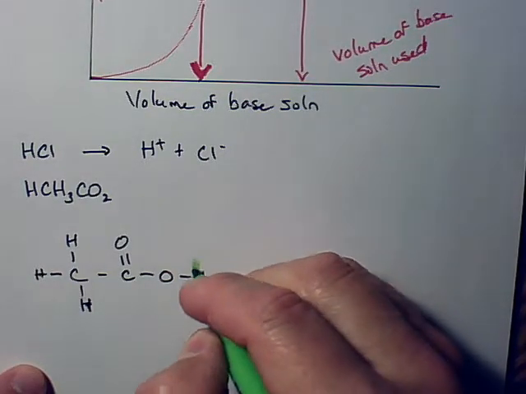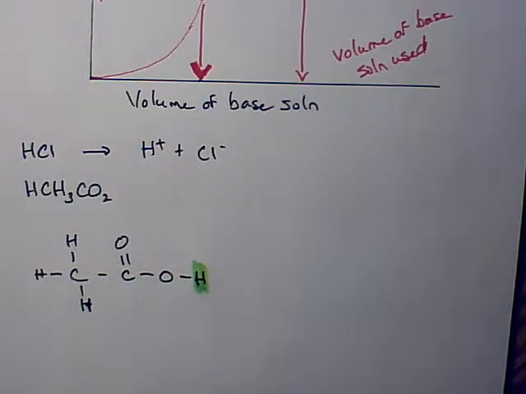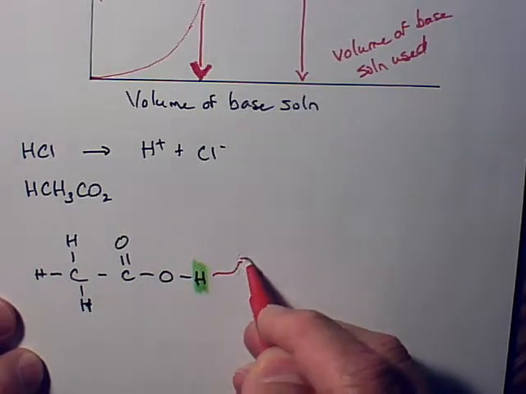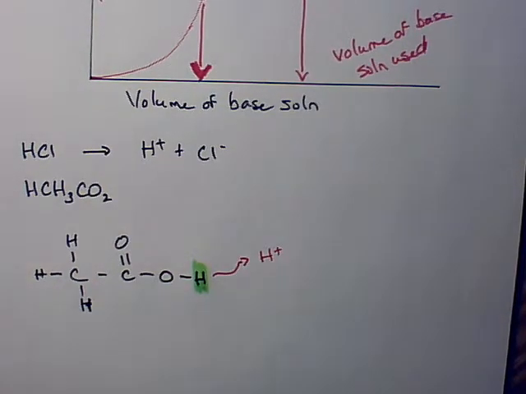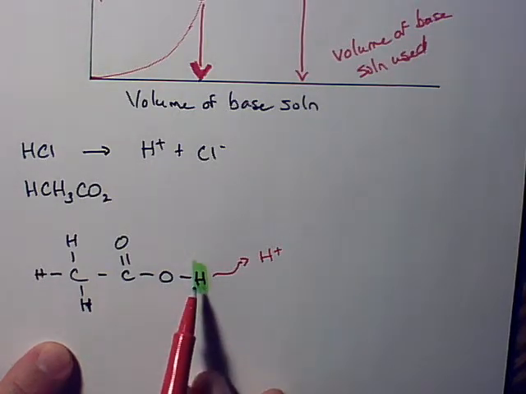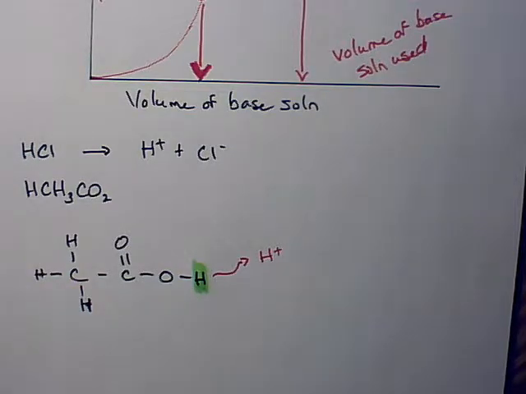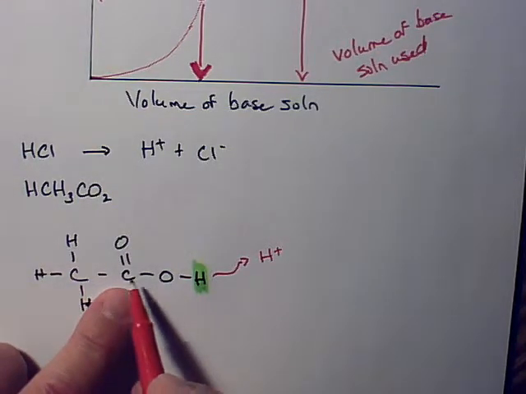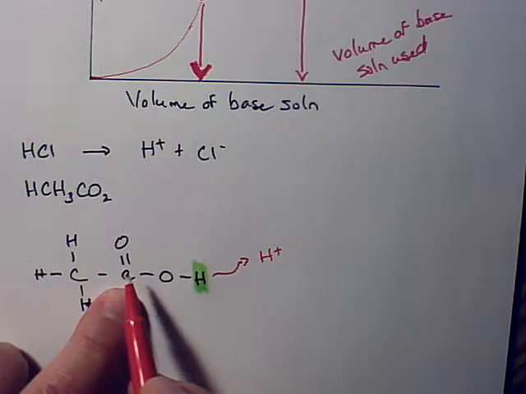Well, this hydrogen right here is the one that's acidic. This is the one that can leave and make an acid hydrogen. Normally, if it was just an OH group on a carbon, that hydrogen doesn't usually leave. You can make it leave if you have the right conditions. The difference is it's right next door to this carbonyl.